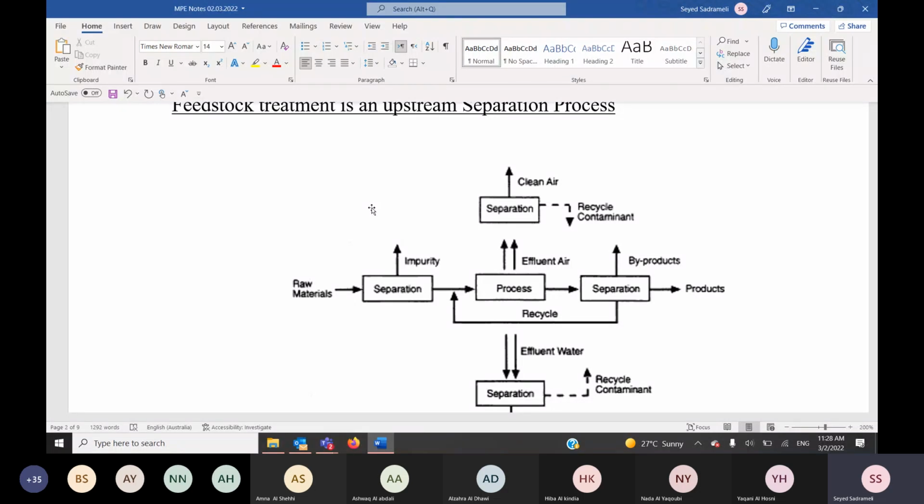So you may have separation of the raw materials at the beginning. We call it upstream of the system. You have separation to remove impurities from the raw materials. As an example, we had CO2 and H2S, the poisonous gases, inside hydrocarbons like ethane or propane.